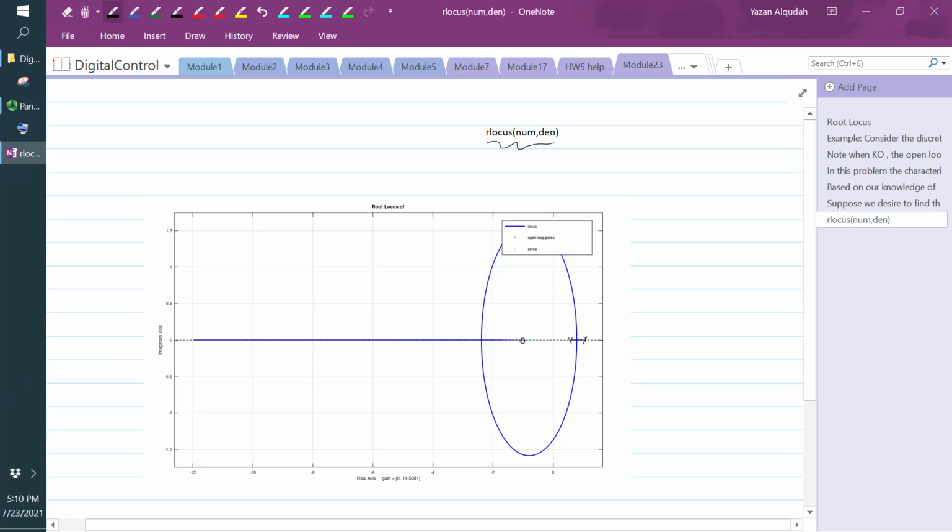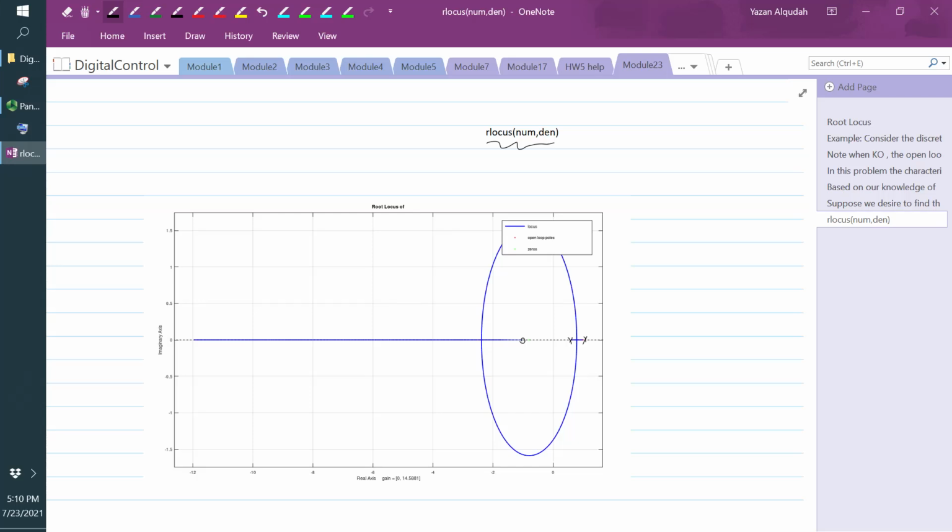Okay, I hope this helped refresh on the root locus. Please review the notes, and if you don't have the notes, let me know. I can share the notes that we had with the linear control. Again, the same rules apply for plotting the root locus of a discrete time system. It is similar to that of the continuous time system.